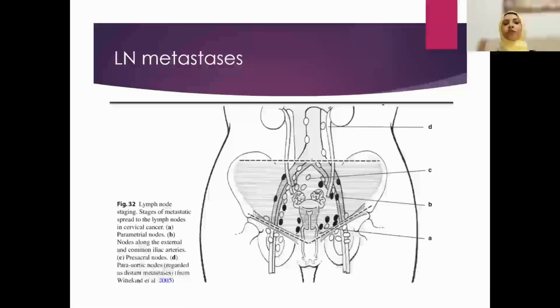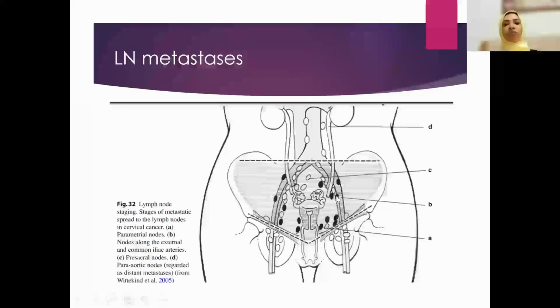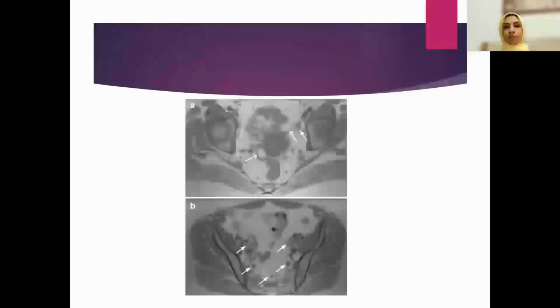As mentioned, cervical cancer is spread to lymph nodes stage by stage, starting from the parametrial lymph nodes around the cervical canal, and then going to the lymph nodes of the external and common iliac veins, pre-sacral lymph nodes, and then para-aortic lymph nodes.